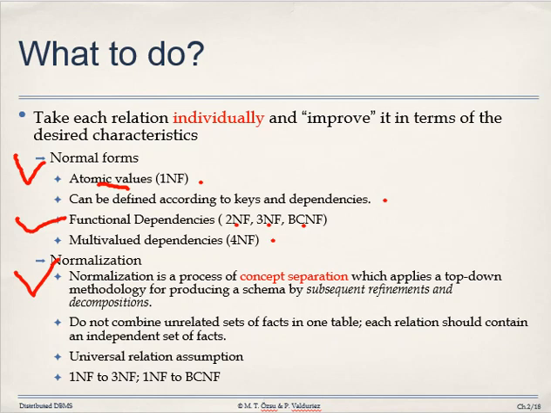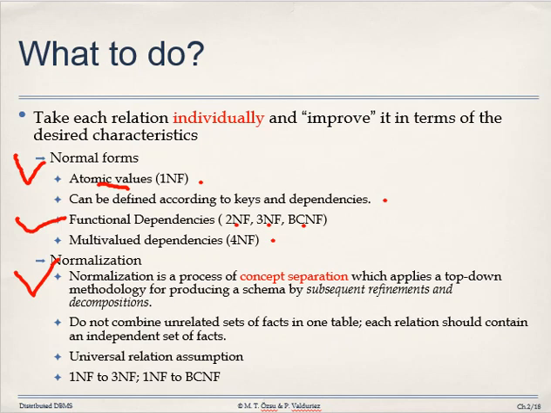It applies a top-down methodology because we already have one well-defined large table, so one table is always available. From this table we go to a number of smaller tables, producing subsequent refinement and decomposition. What care do we have to take?